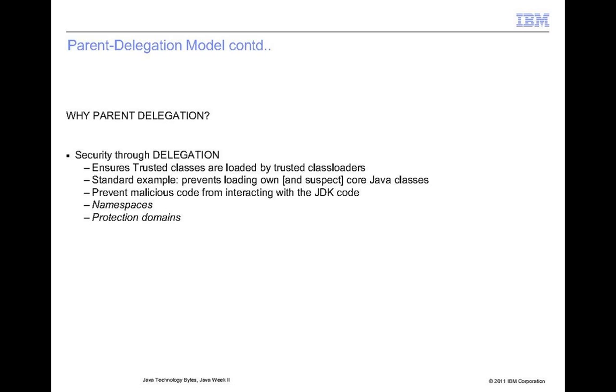So a class loader will ensure that good classes are given the right kind of permissions, and classes loaded by the user-defined class loaders below the dotted line are given sufficient and reasonable permissions.